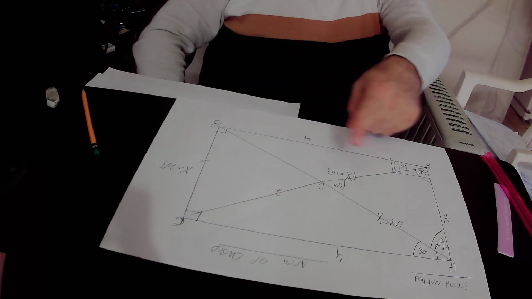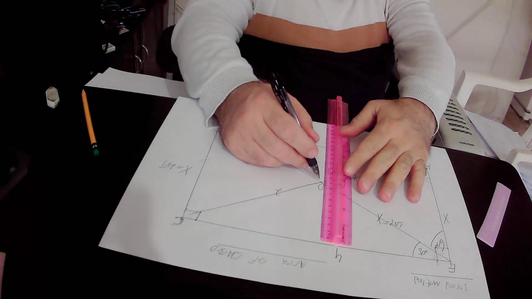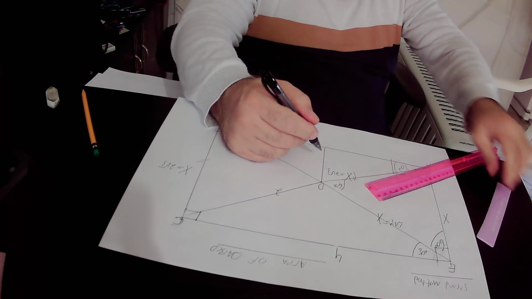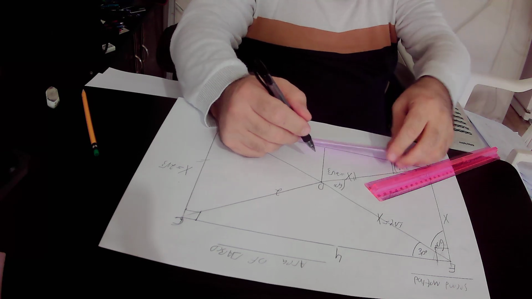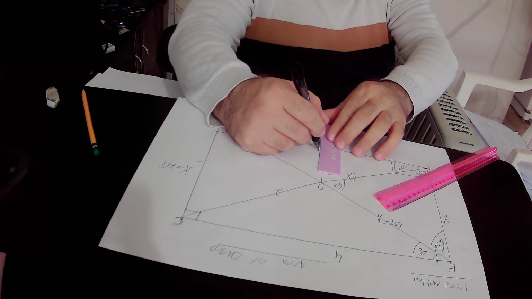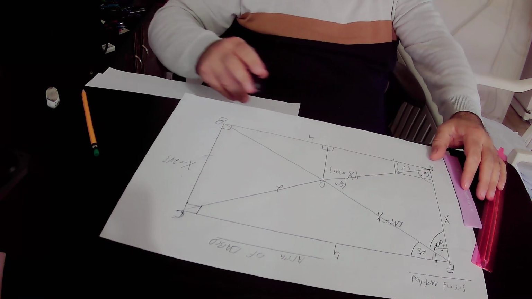From point D, we will draw a perpendicular to AB, and this will be the height of triangle ADB when the base is AB.